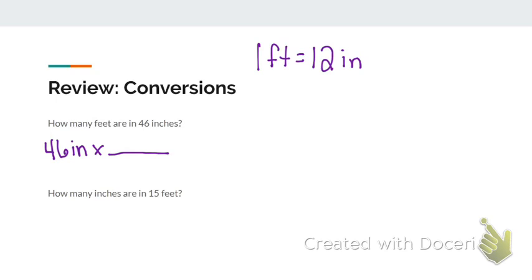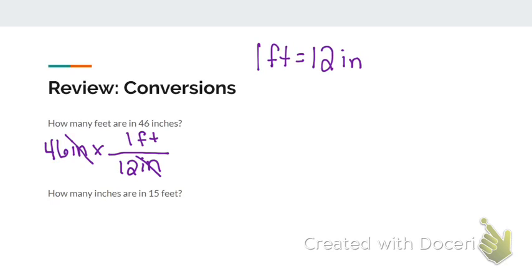If you remember, the unit you have is what you are going to put in the bottom, because again, what you're doing is dividing. If you divide something by itself, it cancels. So 12 inches should be your bottom unit. 1 foot should go in the top. Again, we can see we have inches on top, inches on the bottom. I like to put a slash through them to eliminate them.